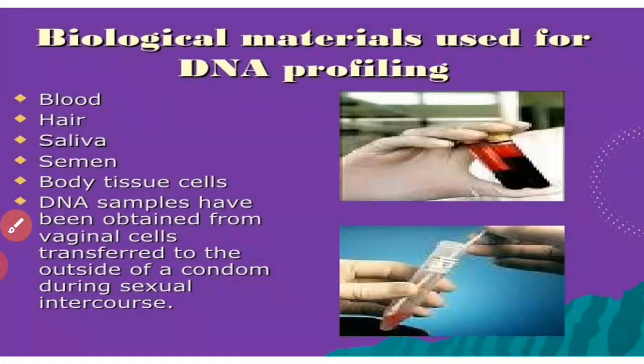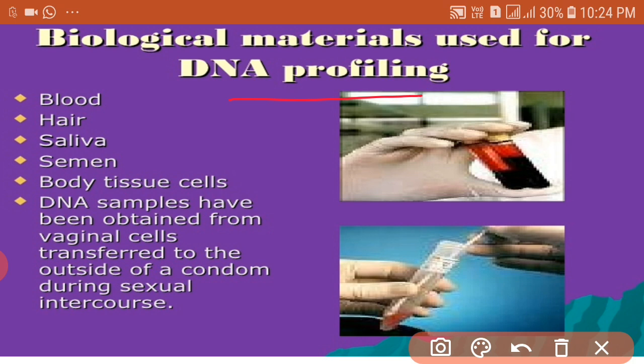Now the biological materials which are utilized in DNA profiling: blood can be used, where we utilize the WBCs. Hair can be used, saliva can be used, semen can be used, body tissue cells can be used. DNA samples obtained from vaginal cells can also be utilized for DNA fingerprinting.